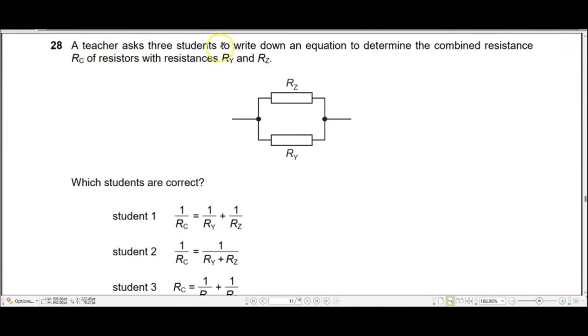A teacher asks 3 students to write down an equation to determine the combined resistance RC of the resistors with resistance RY and RZ. Which students are correct? These two resistors are connected in parallel to one another. So the equation would be 1/RC = 1/RZ + 1/RY.